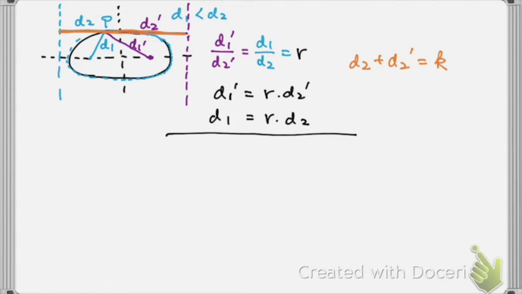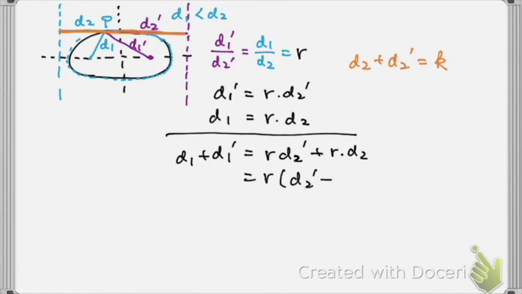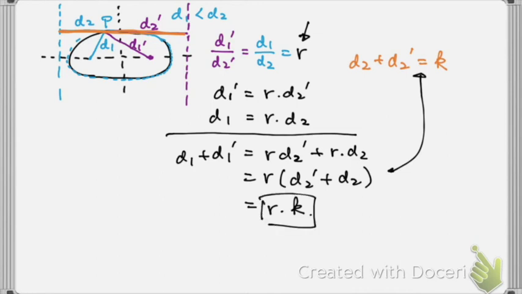D1 plus D1 prime is equal to R times D2 prime plus R times D2. I can factor out the R: R times (D2 prime plus D2). But we said D2 prime plus D2 is a constant, so this is equal to R times K. Well, R is also a constant, because for a particular ellipse we fix a certain ratio R that is less than 1. So R times K itself is also a constant.